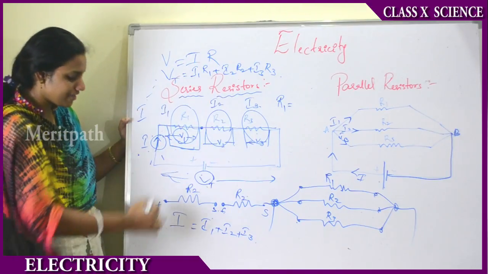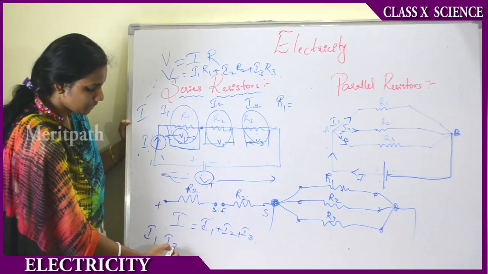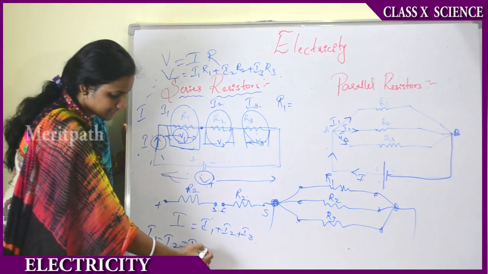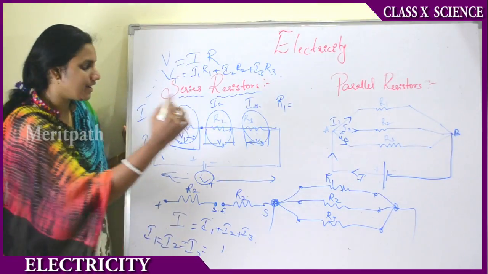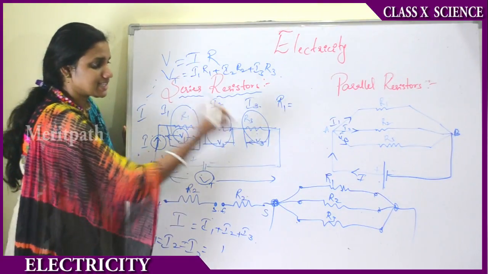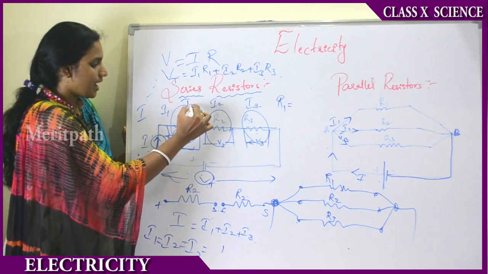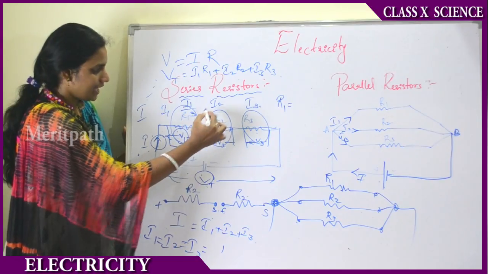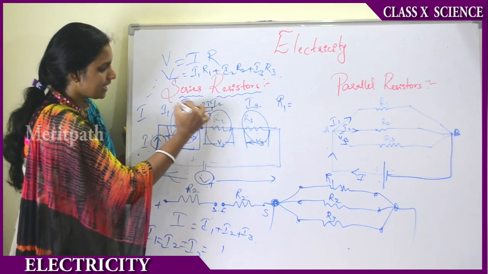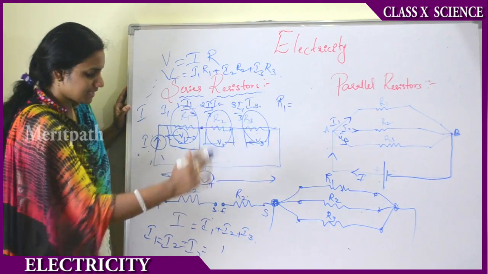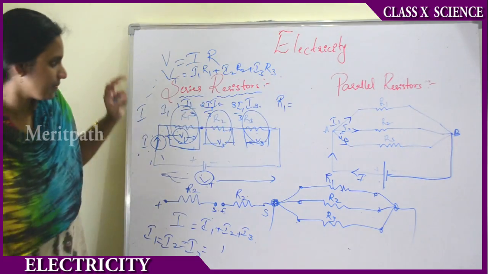That means I1, I2, I3 are equal. That is, if there are 3 resistors, then the current is divided into 3 parts, that is I1 by 3, 2I1 by 3 and 3I1 by 3, as shown in the figure.